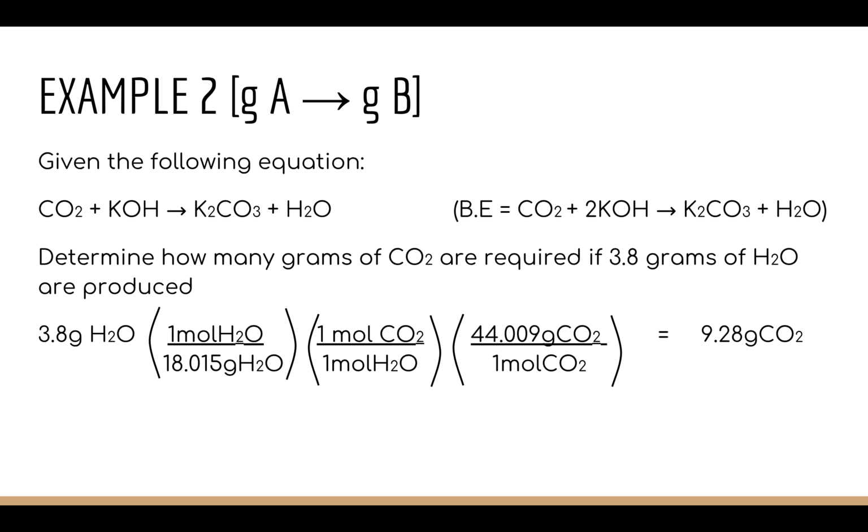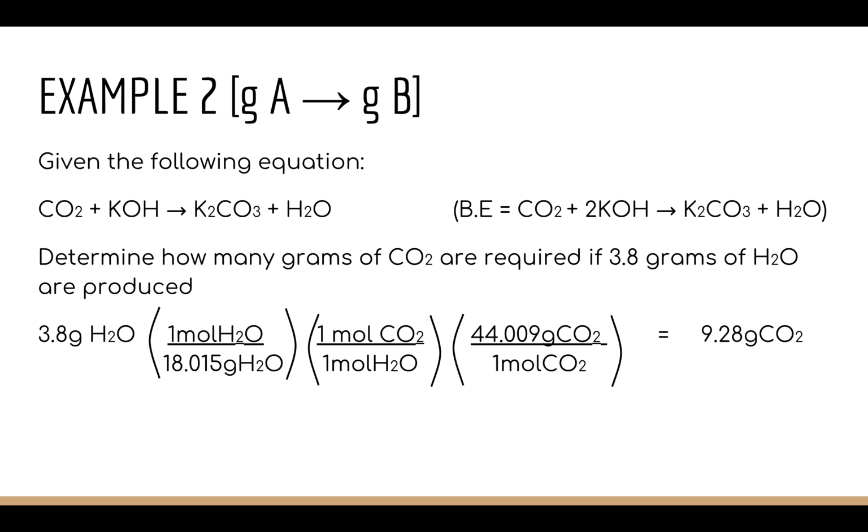Going down the line, we then create another ratio, 1 mole of carbon dioxide over 1 mole of H2O. In the balanced equation, we see that for every 1 mole of carbon dioxide, 1 mole of H2O is created.